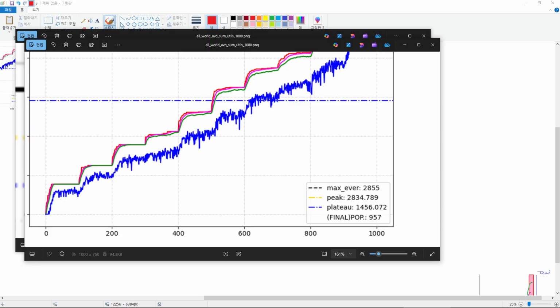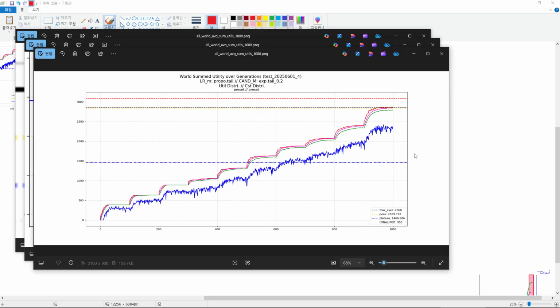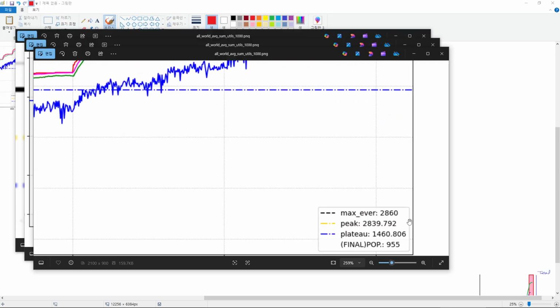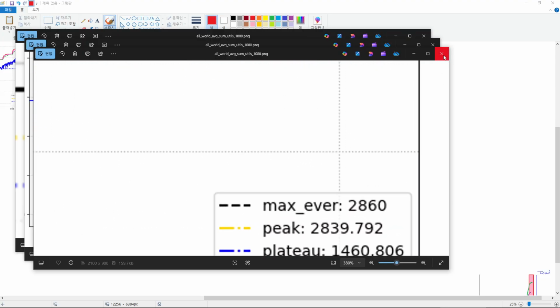And the next one, still doing it with a reverse list, still doing it from the back, gave me 2860. So still very close to the previous true ceiling.